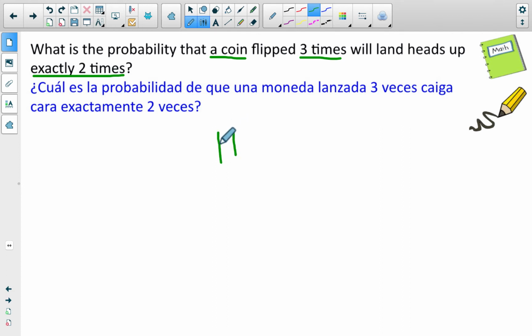We could get heads, we could get tails. That's it. There's no other option. Don't say it could land on its side; maybe, but very low chance that happens. Now, if I'm creating a tree diagram, I am going to branch off of this. I'm going to try to create these as neatly as possible. And let's say I flip heads. The second time, I could get heads or tails, right?